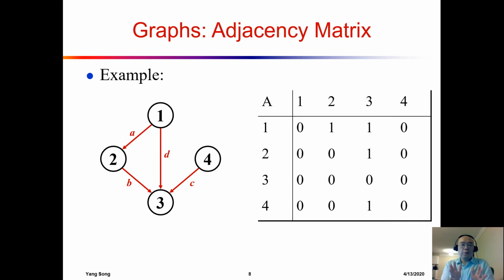For this one, we are only representing whether there is an edge or not between those two nodes. And remember, if we change this to a 5, for example, that is the weight from 1 to 2, so this 1 will be replaced by 5. That is also doable.